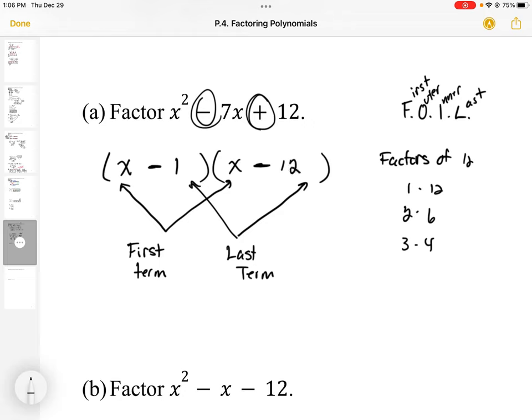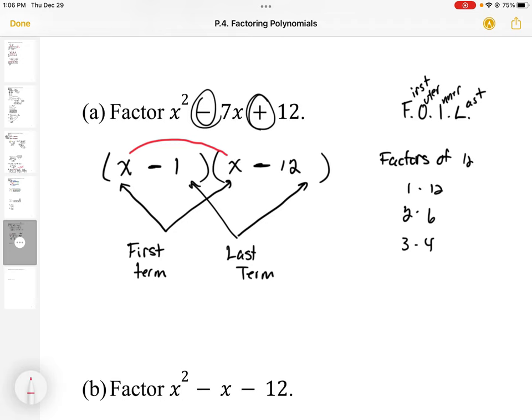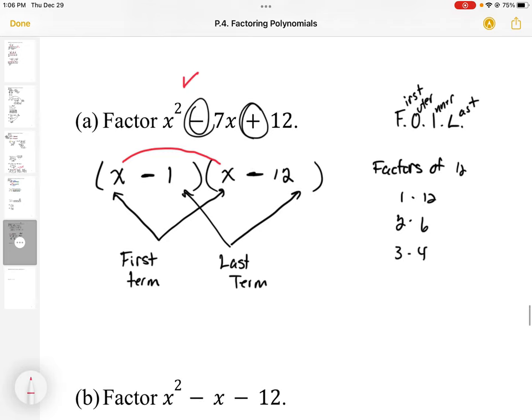Now to see if it's right, we could distribute this whole thing out. We could say, all right, x times x is x squared, check. Then x times negative 12 is negative 12x. And then negative 1 times x is negative 1x.